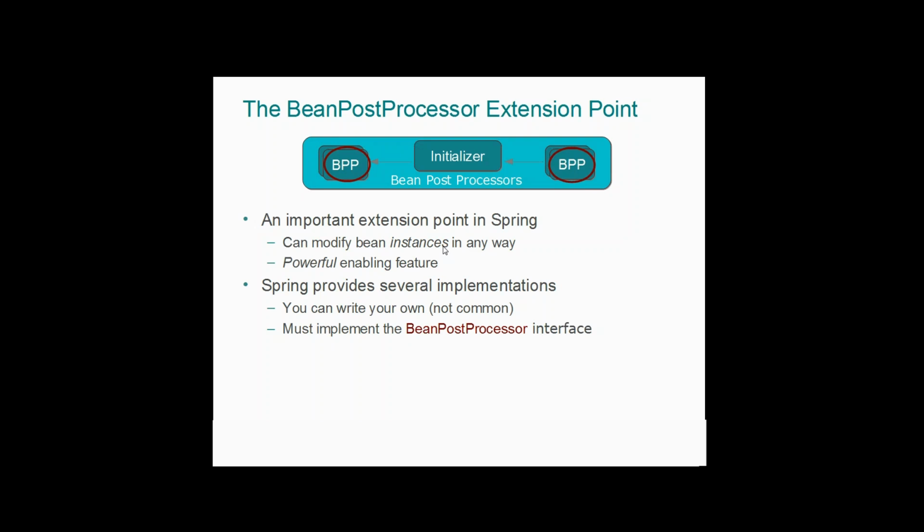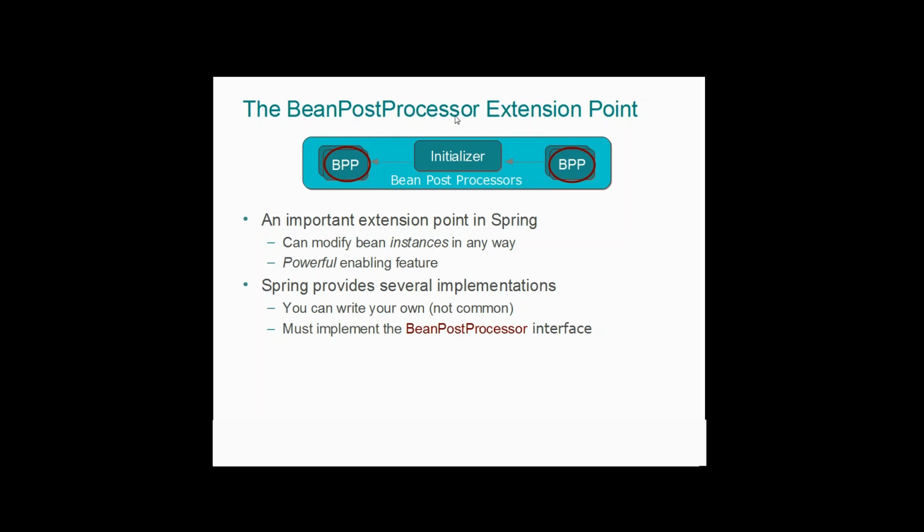It can take the existing object and create a brand new object and return it, or take the originally created object, modify something, add or remove something, and return that object, or create a new object, keep the original object inside the new object and return the new object. Okay? This is really a powerful extension point, and it enables a lot of features in the Spring framework.